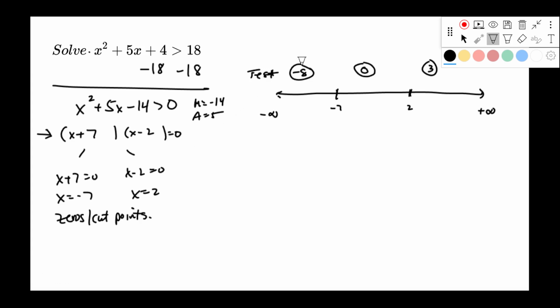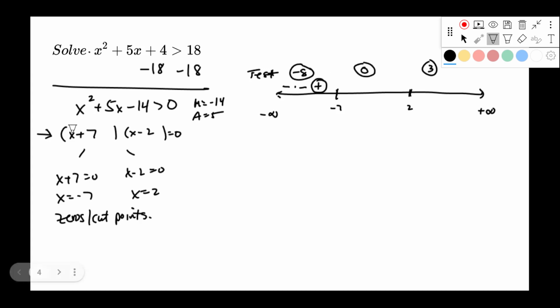So for example, if I put negative 8 into the factored equation, negative 8 plus 7 is a negative number. Negative 8 minus 2 is a negative number. A negative times a negative is a positive result. So this interval has a positive result.